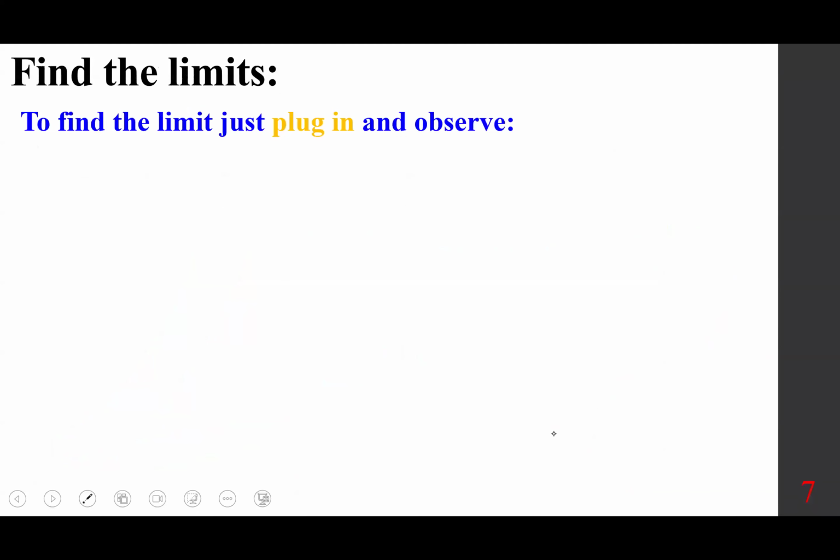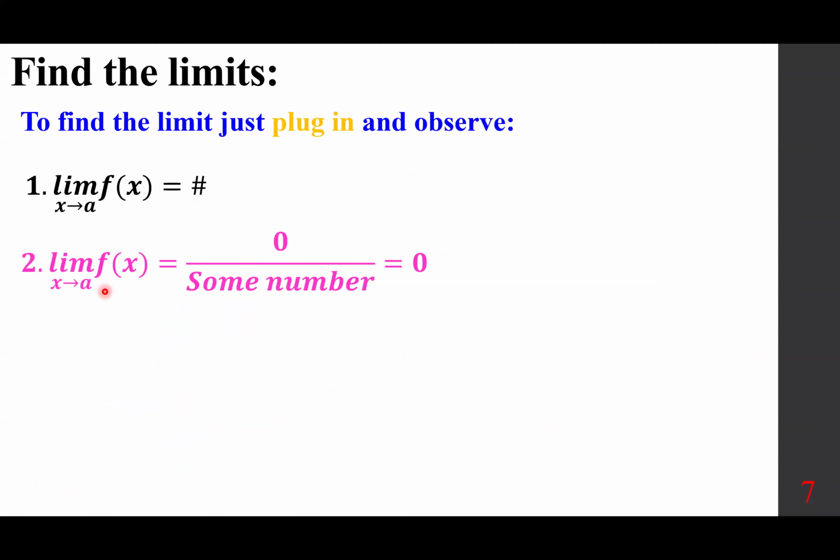So how do we find limits? To find the limit, just plug in and observe. When we do so, what do we get? If the limit of f of x as x approaches a is a number, you're done. If it is 0 over some number other than 0, it's equal to 0, and you are done.